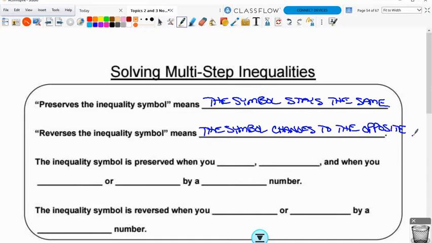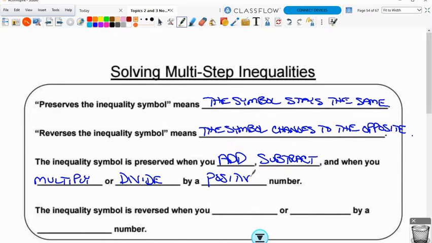The inequality symbol is preserved whenever you add and subtract, doesn't matter what kind of numbers you're adding and subtracting, as well as when you multiply or divide by a positive number. Okay, adding and subtracting any numbers as well as multiplying and dividing with positive numbers will preserve the inequality symbol.